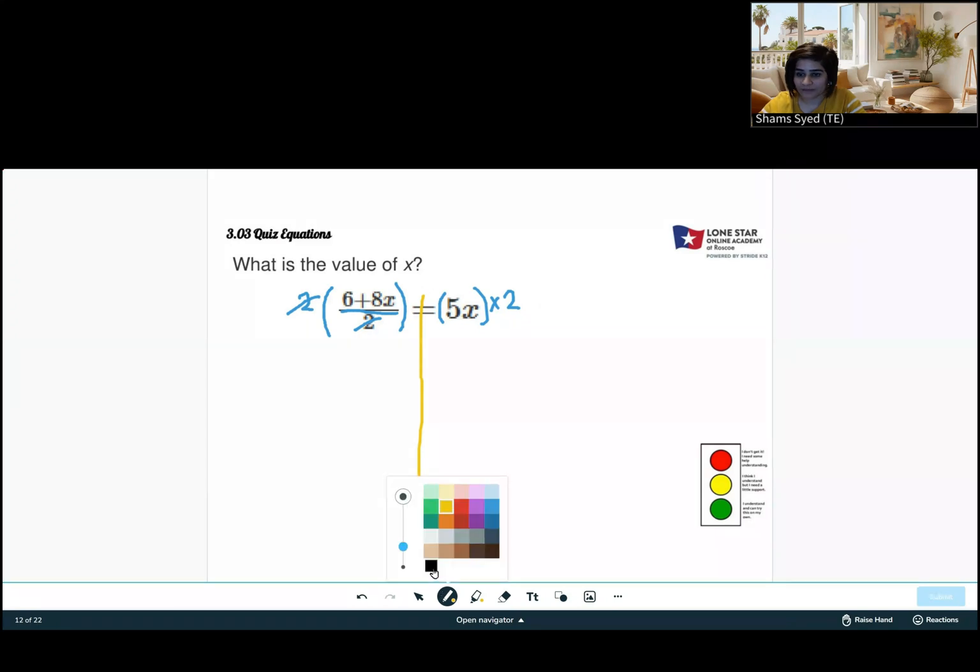Now what happens, when I got rid of the denominator of 2, I'm left with 6 plus 8x. Can you guys tell me what is going to go on the right side? It's going to be 10x, Andromeda.